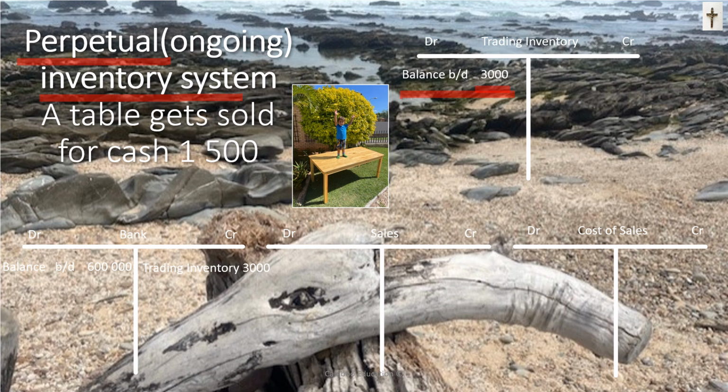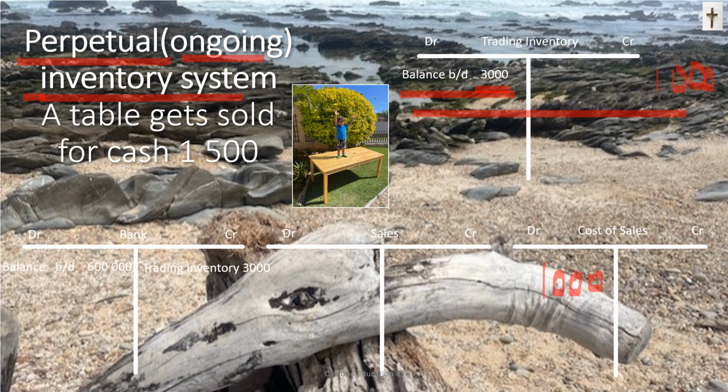The total value of the stock is 3,000. But what happened was we sold a table for 1,000 and there was a cost of sale. Now the perpetual, which means ongoing, inventory system enables us after every single sale to calculate what stock we should have on hand.